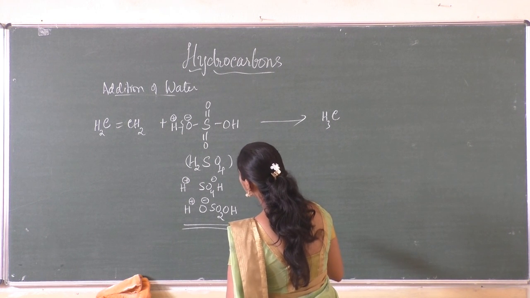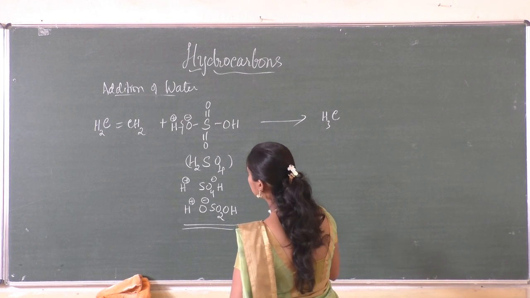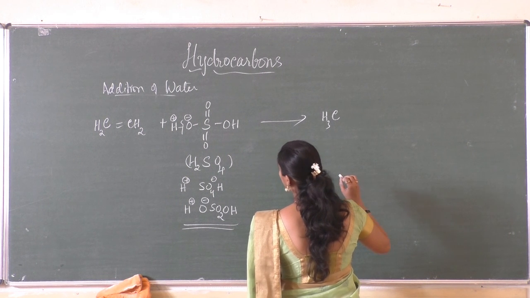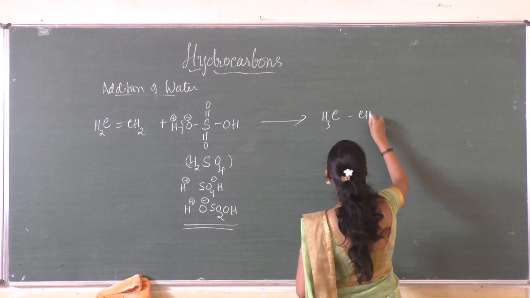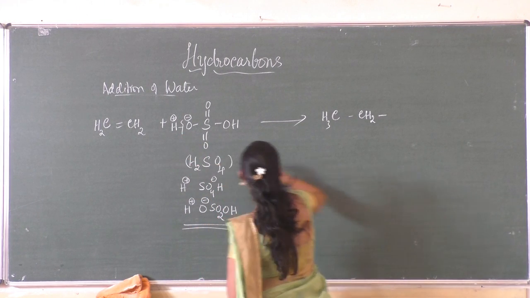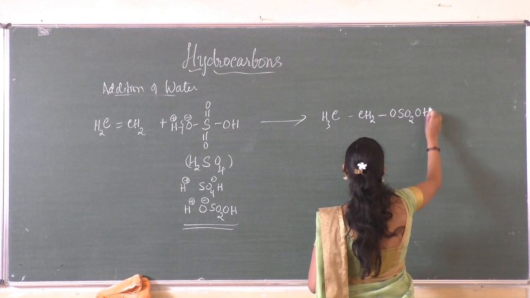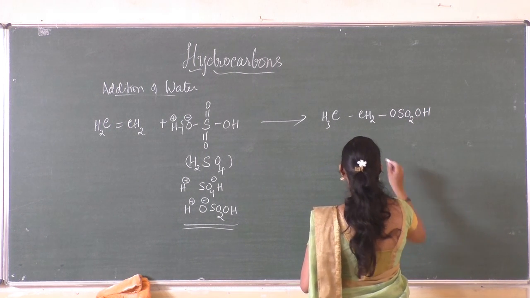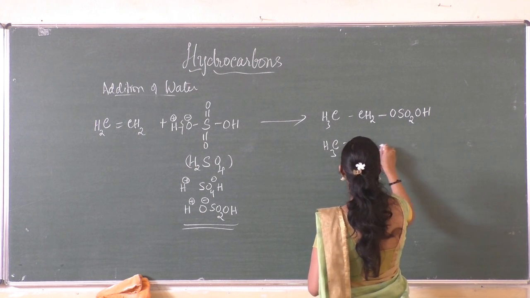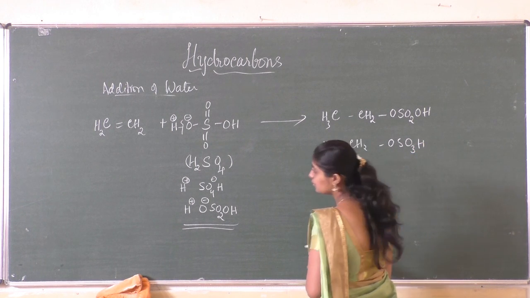But whenever we take an unsymmetrical alkene, you need to be careful and attach the negative part to the carbon with the lower number of hydrogens. So this becomes CH2, then this O minus gets attached, so it is O, SO2, OH, or else this can also be written as CH3CH2O, club this SO3H.